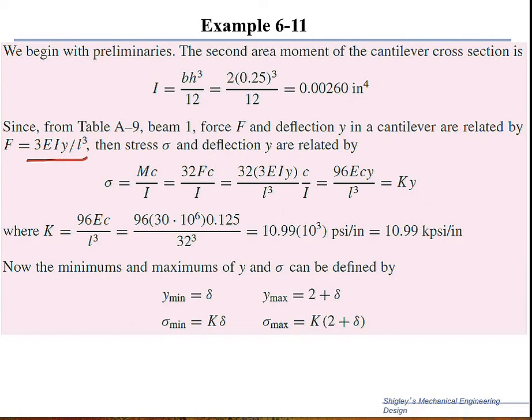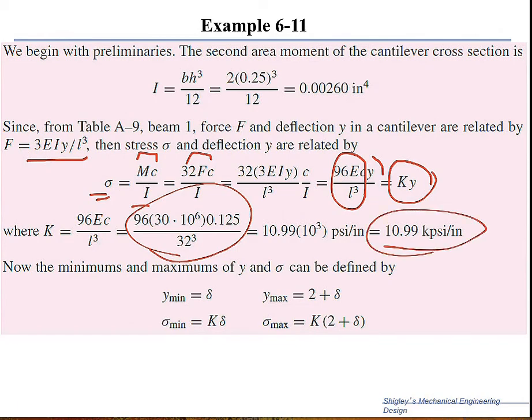The force times the distance is equal to the moment, and the stress is equal to the moment times C over I. So we can do this calculation and find a relationship between the stress and the deflection Y. K is a factor that combines everything here except the Y, and we can compute it and find that it is 10.99 ksi per inch.